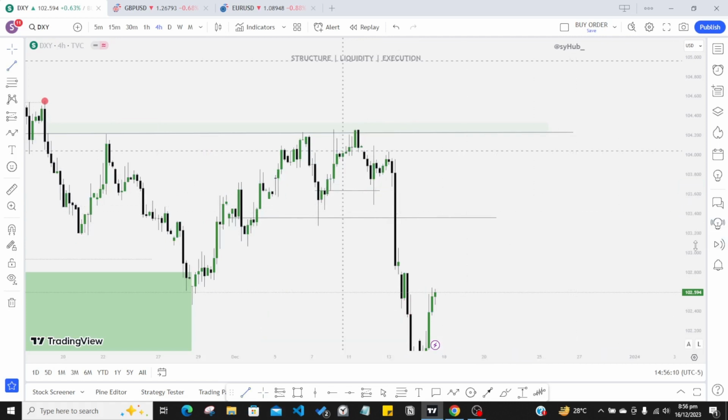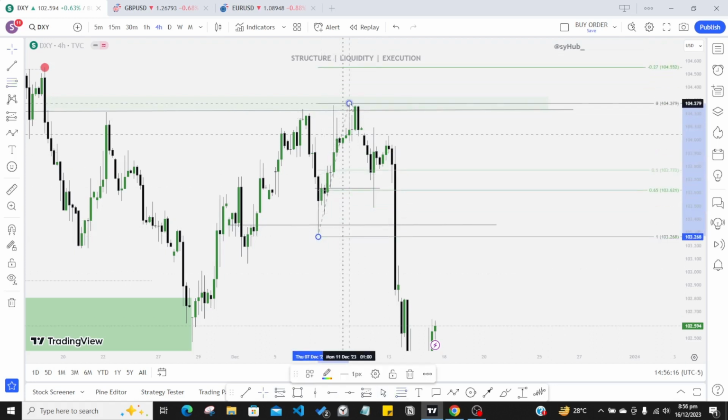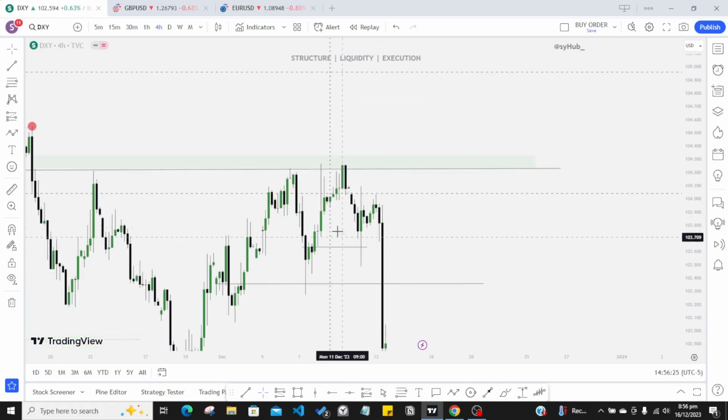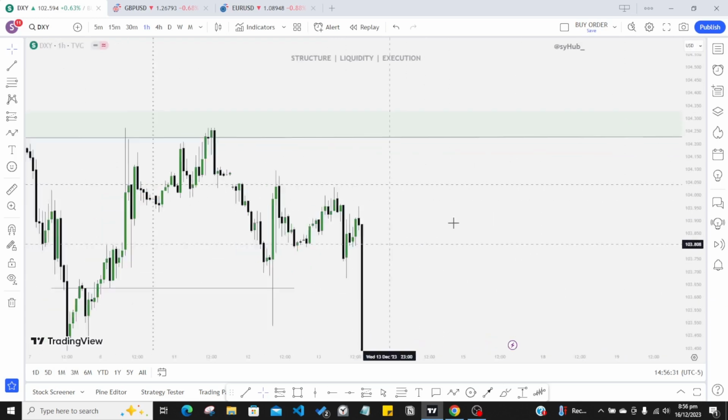So if the bullishness was to persist, after price retraced below 50% discount, we were expecting this rejection to take out this high. But obviously, as you can see, price failed to take out this high, which was the first signature that sellers were really in the market.